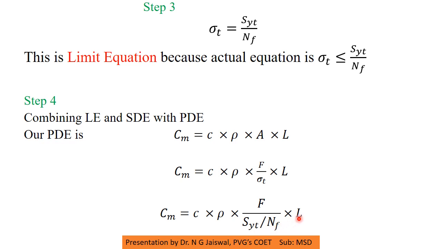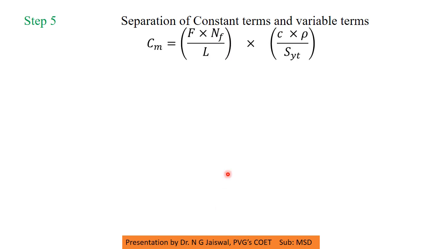L is also constant. Factor of safety is also constant. So we'll group into two parts: Cm is equal to one part which is not dependent on material into some parameters which are dependent on material. That is called the separation of constant terms and variable terms. So I separated this. Here you have to take precaution.